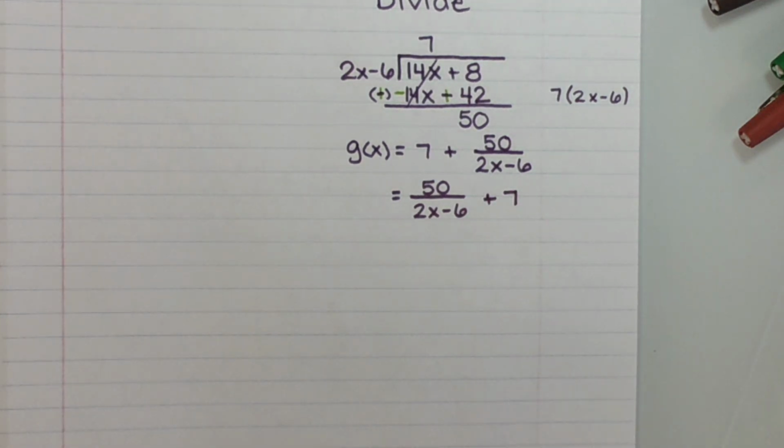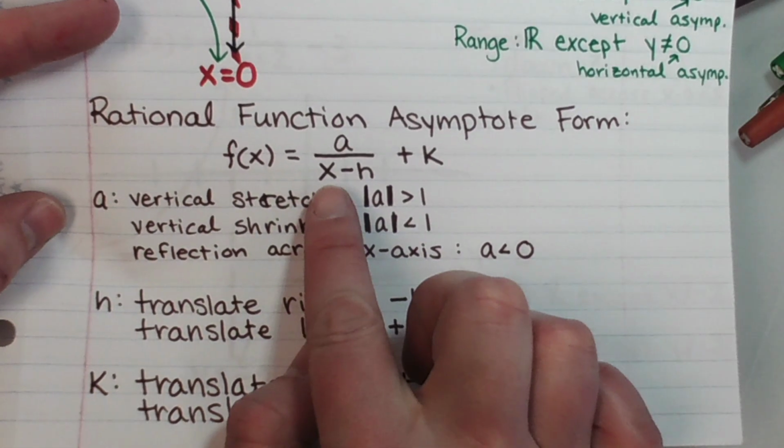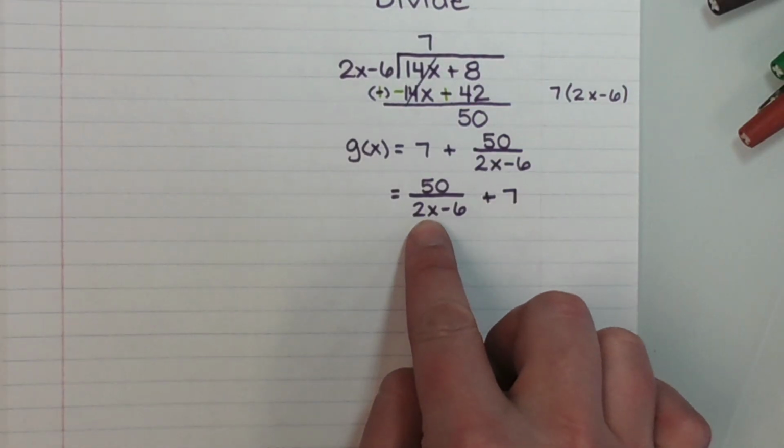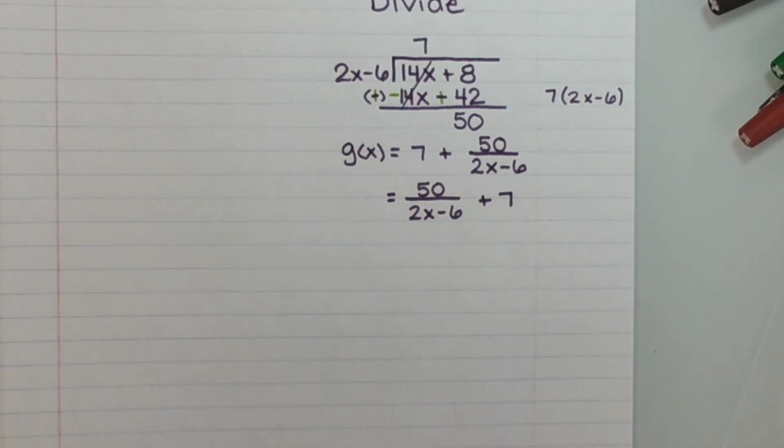Is that asymptote form? Not quite. It's close, but it's not quite. Sometimes it will be. A lot of the times it will already be in asymptote form. Asymptote form does not have a number in front of x. This does. So we got to deal with that.